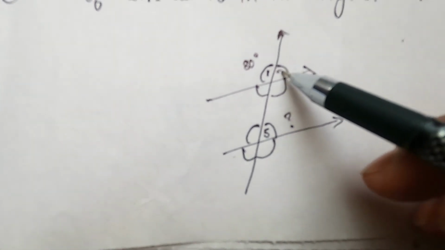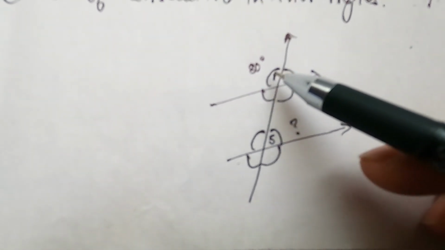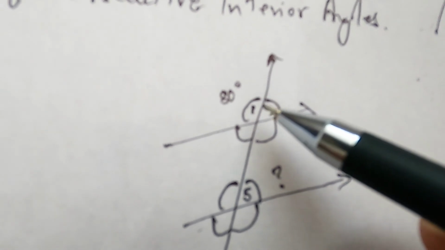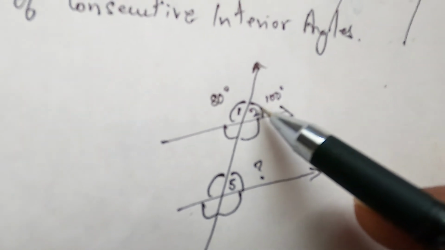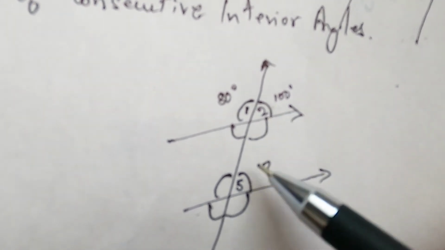For example, angle 1 and angle 2, we can use linear pair. So when we use linear pair, it will be 180 minus 80. How much are we getting? 100. Alright, so angle 2 is how much? 100. So now angle 2 and angle 5, what pair of angles do they form?